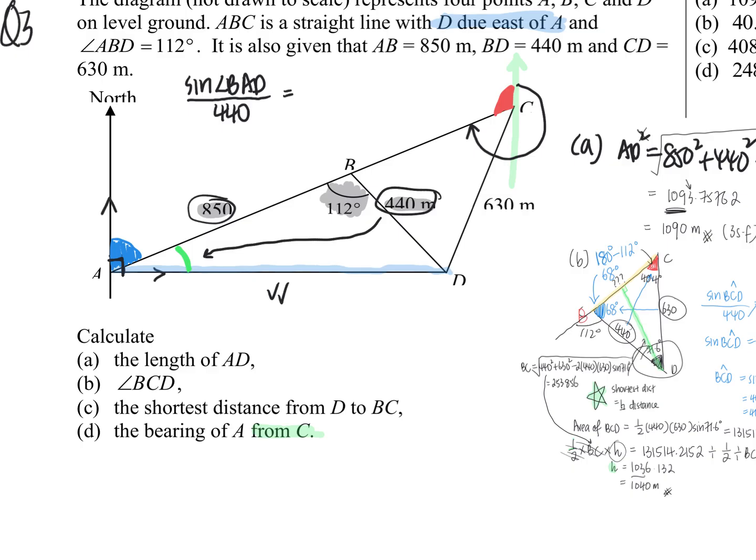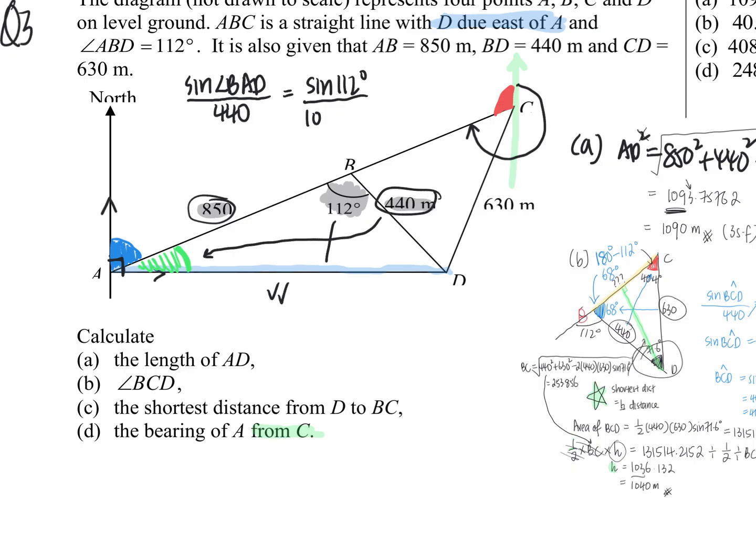Well, I don't want to find the length. Okay, once you know this, the other pair you can use is sine 112 over the AD you found just now. You have already found AD, right? I need to find the green angle so that I can find the blue one. Once I find the blue one, I can find the red. Minus 180. So, find the green.